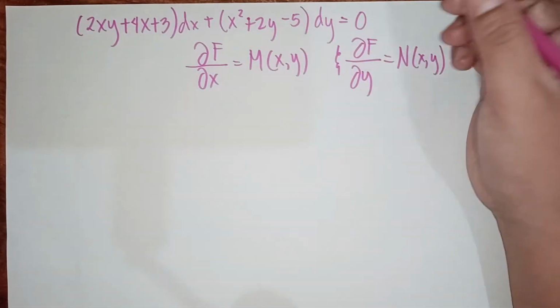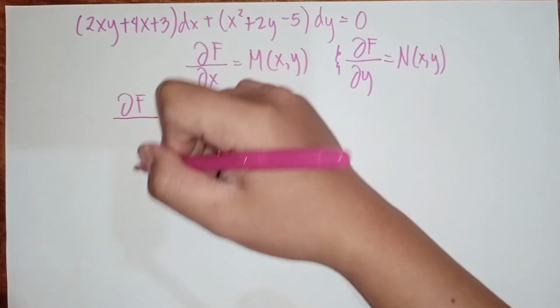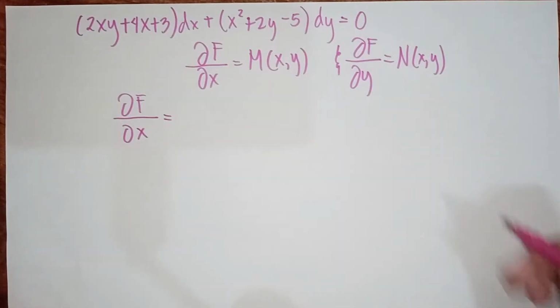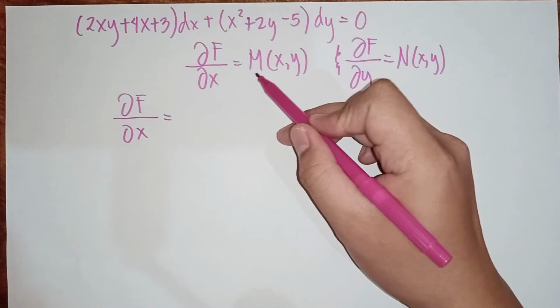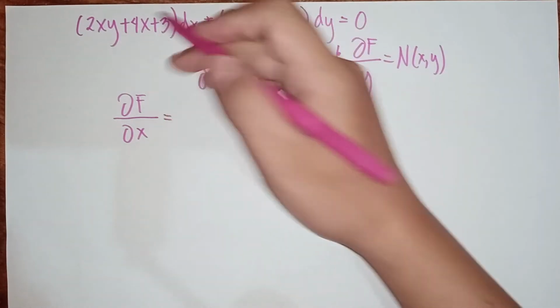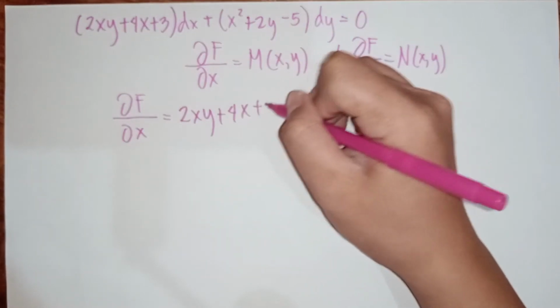Okay? So, we have here the partial derivative of f with respect to x is equal to, so what is the value of our m? So, our m is a function with dx. So, this is our m, that is 2xy plus 4x plus 3.